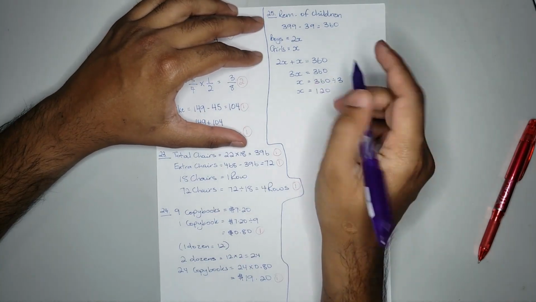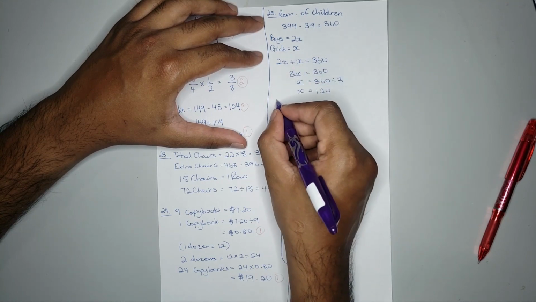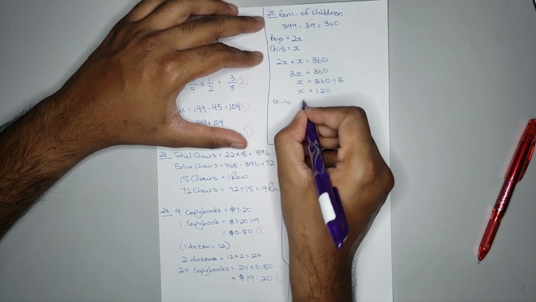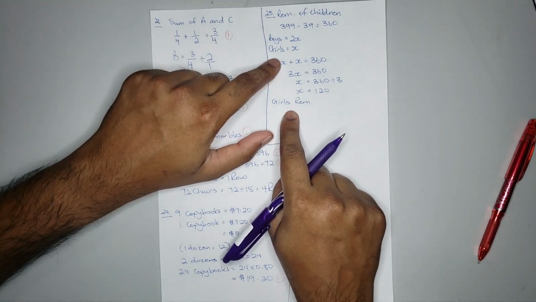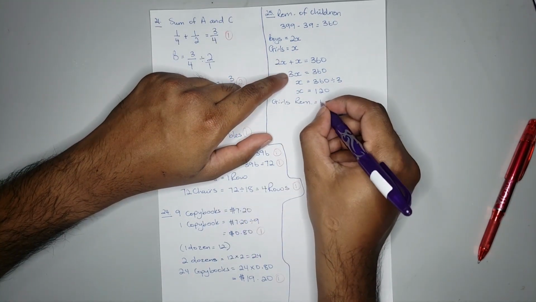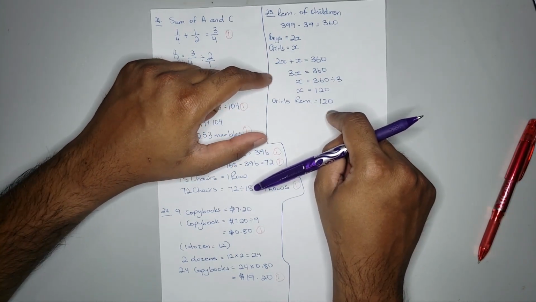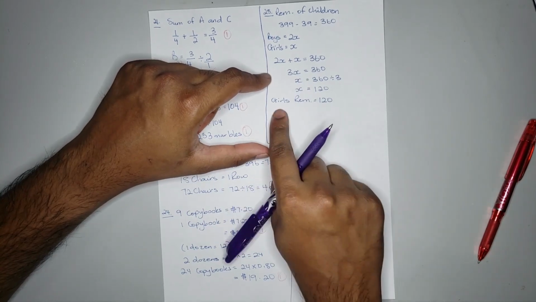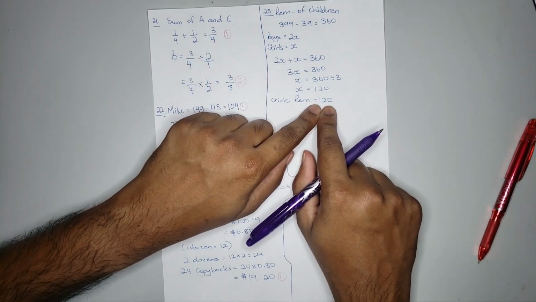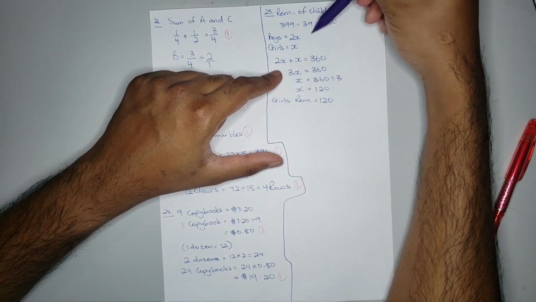So x represents the girls remaining. So the number of girls that remained will be equal to 120. They said now, how many girls were there before midday? So this is the amount of girls that remained, 120. But before midday, 39 more were there.